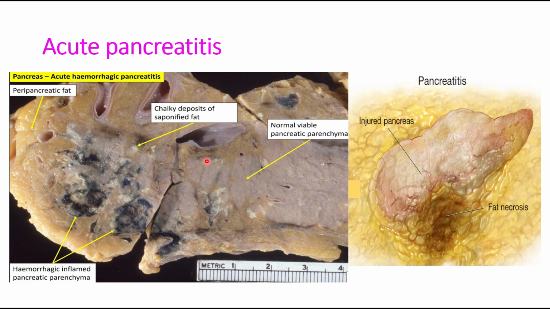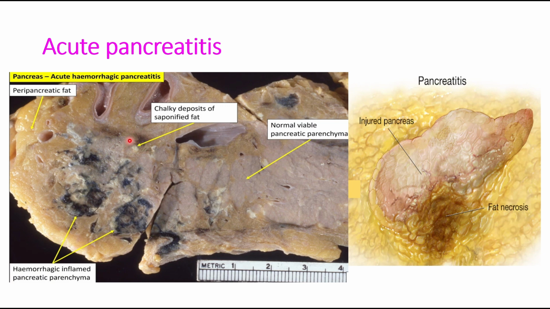This is the gross specimen of pancreas. This is a type of acute hemorrhagic pancreatitis. Here, this section shows cut surface of pancreas. This is normal, viable, grayish pancreatic parenchyma. This is yellowish peripancreatic fat, and this is hemorrhagic and inflamed pancreatic parenchyma.